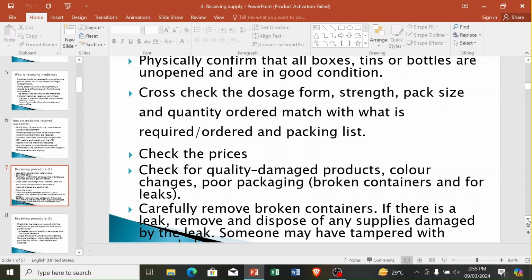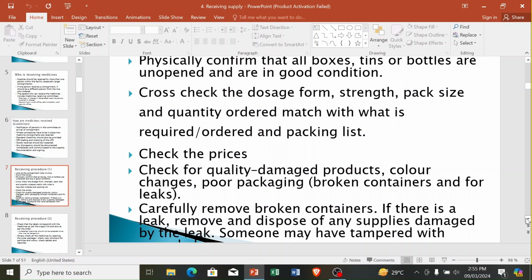Carefully remove broken containers if there is a leak. Remove and dispose of any supplies damaged by the leak. Sometimes the liquids can leak in case they are broken, so all those items surrounding it will also be affected by the leak.